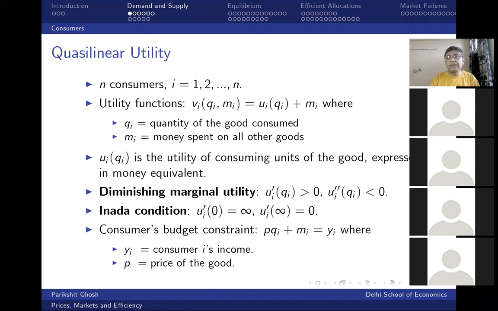Not only that, even more, we'll say the bread utility component is nonlinear, right? This is captured by this U function, U_i of q_i, but the utility gain from consuming other stuff is linear, right? So it's just plus m_i. I could have put a constant here, but I can, without loss of generality, take that constant to be 1.